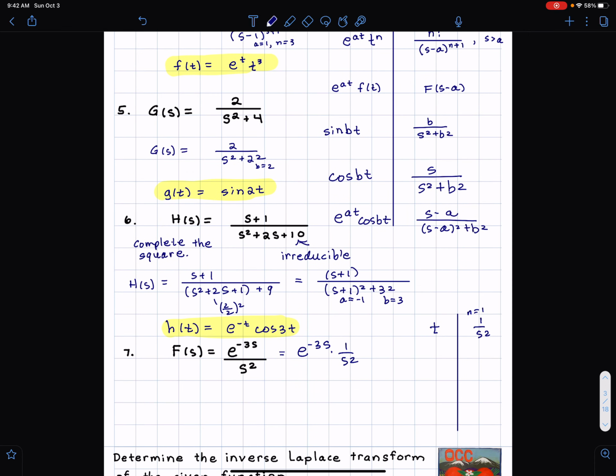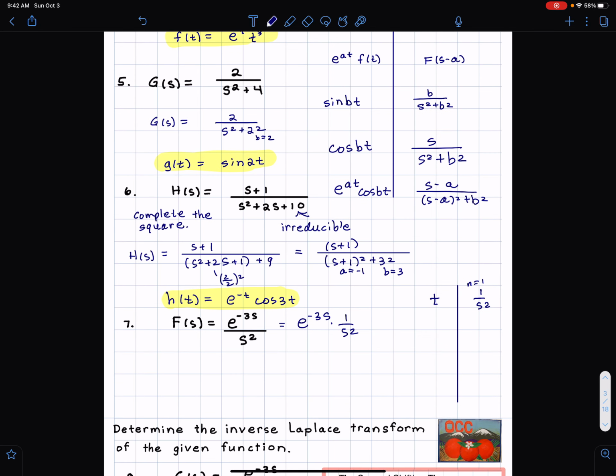Now, we have yet one more thing: if you have e to the negative as times F of s as the result of your Laplace transform, this corresponds to the unit step function u_a of t times f of t minus a.